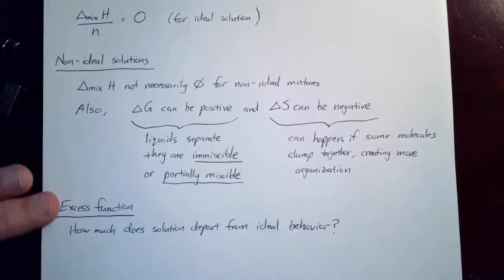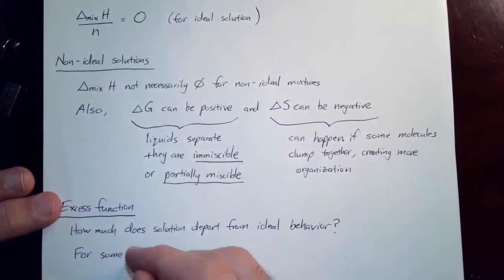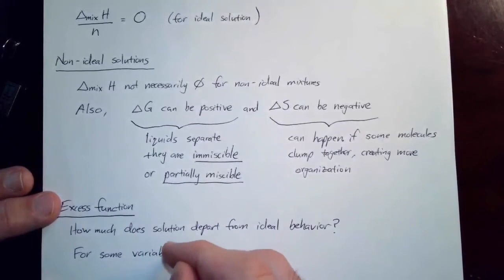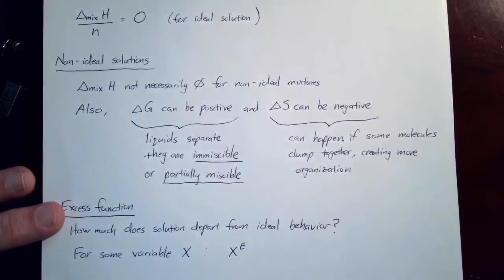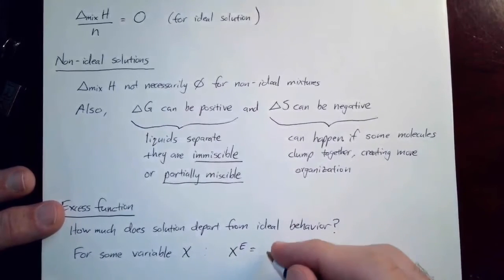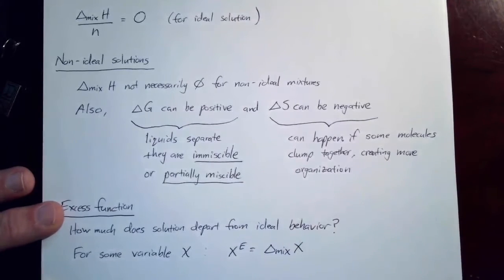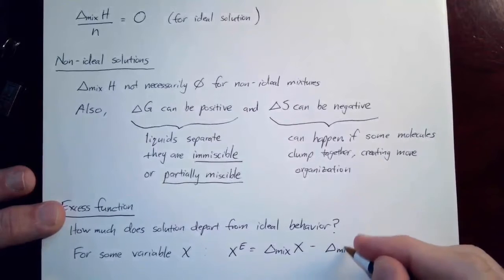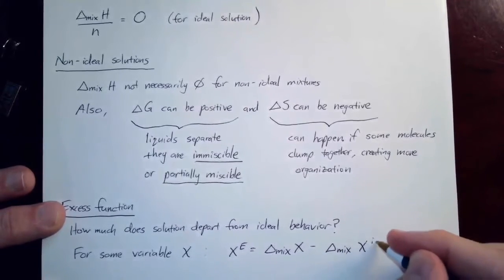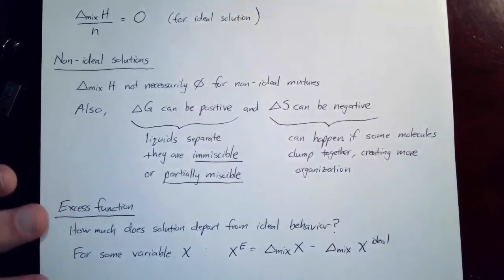For some thermodynamic variable x, the excess in this variable x is going to be equal to the actual delta x minus the ideal delta x. A very simple way of quantifying the departure from ideal behavior.